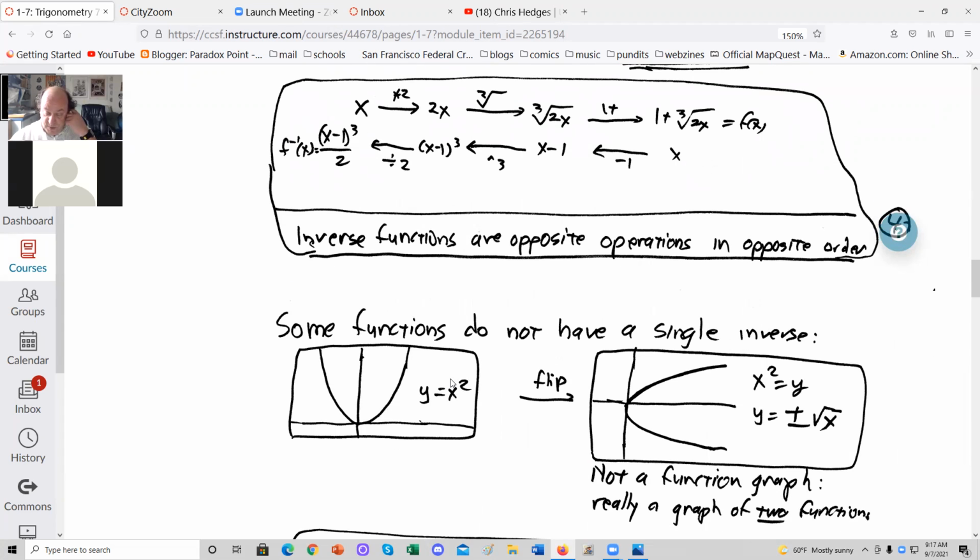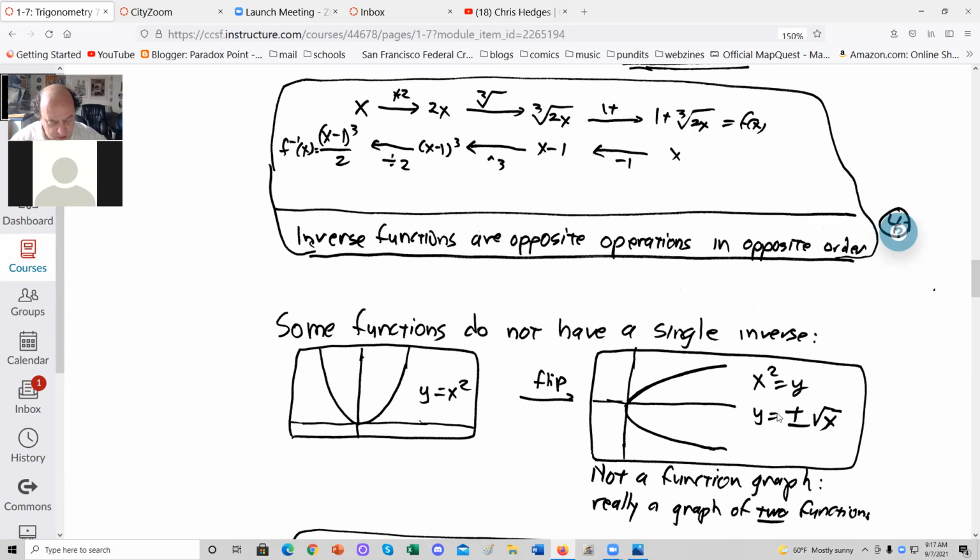Now, sometimes if you flip through the diagonal, you get a graph which is not a function graph, because there are two values of y for a given value of x. Here's y equals x squared. Here's a graph of x squared equals y. Or is that y squared equals x? Oh my God, I better change that. Error.